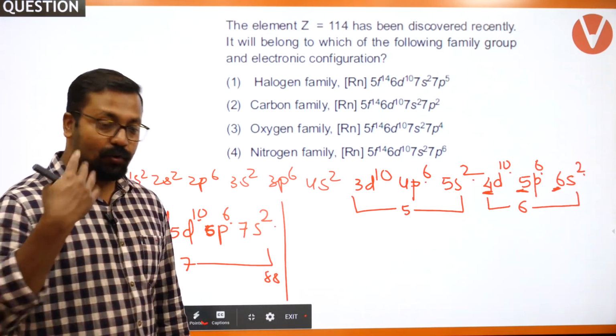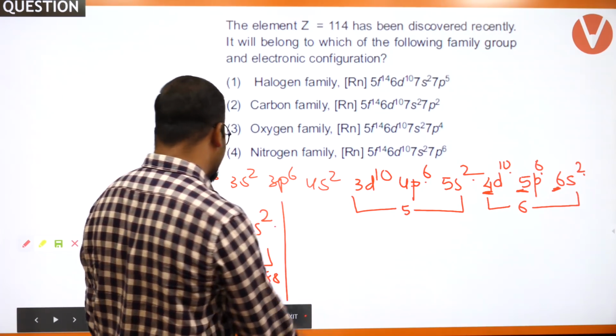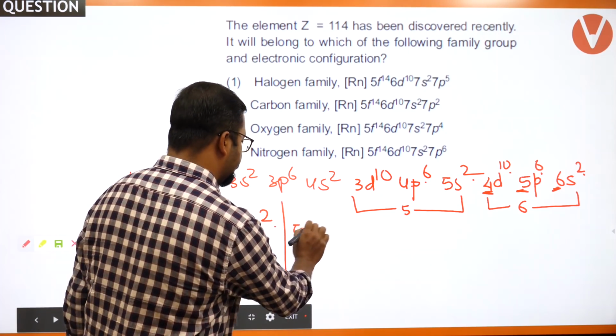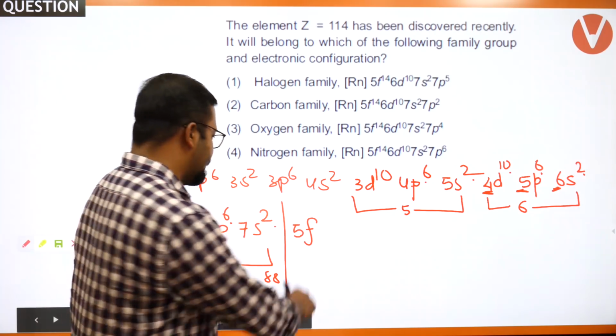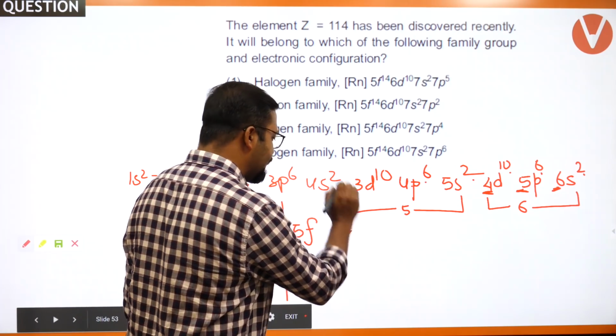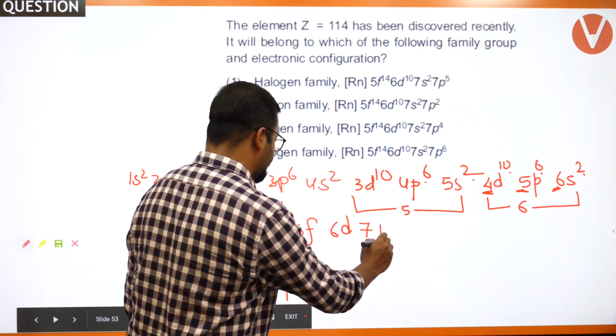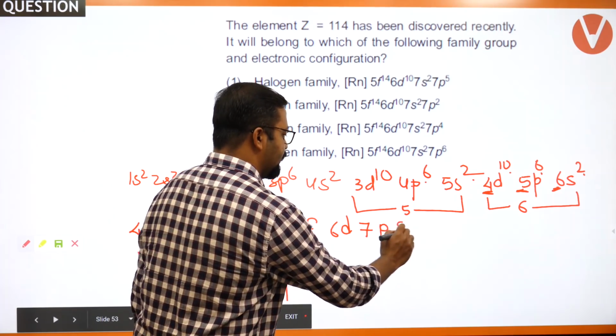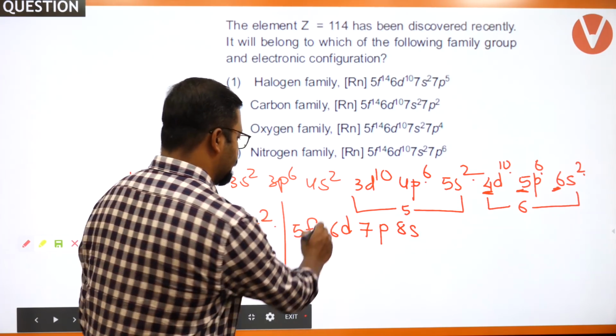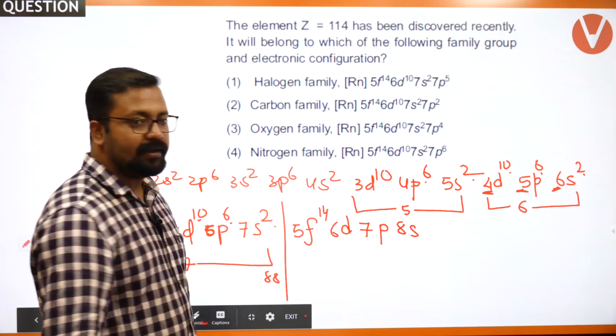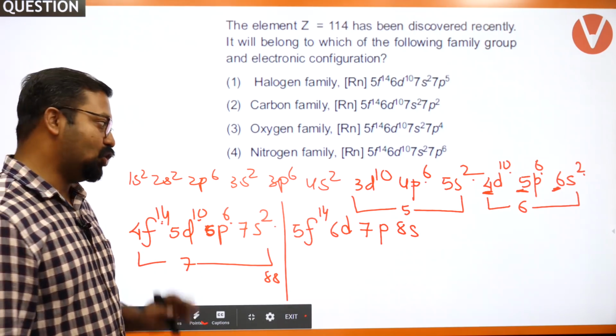Next I will go to 8. For 8 I will start with 5f, 6d, 7p, 8s. So 5f 14, 88 plus 14 will turn out to be 102.